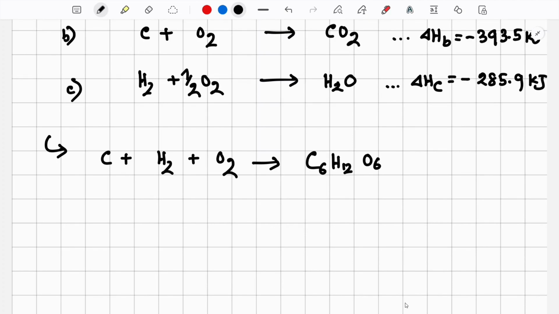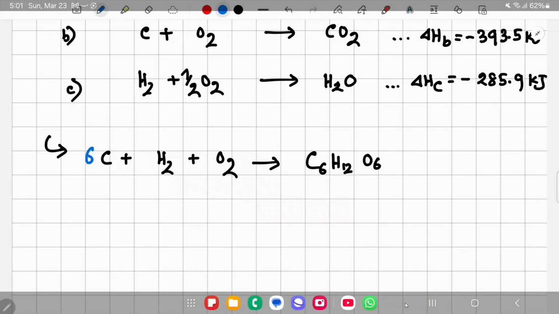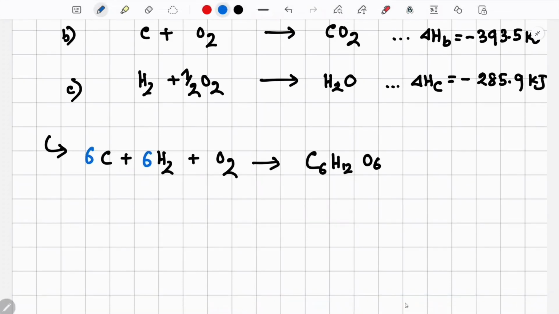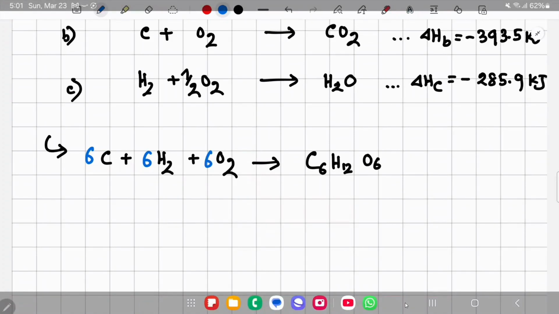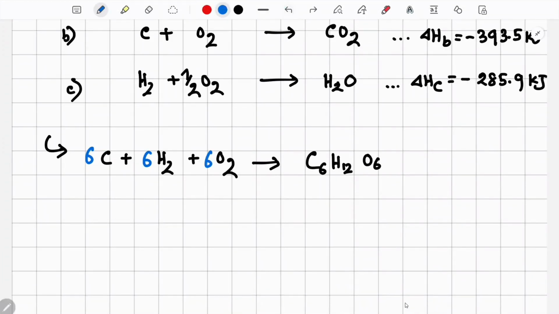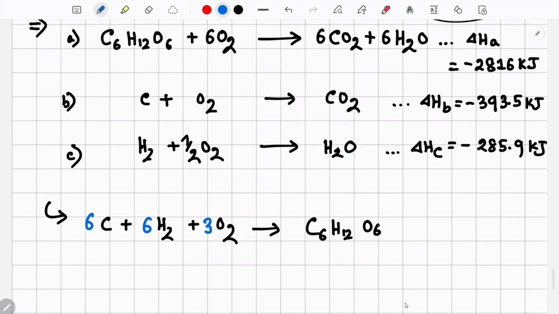You don't have to write the reaction from that. You have to make it from the elements, carbon, hydrogen, and oxygen. These are the raw elements. Then you can balance it. So it will be 6C plus 6H2 plus 3O2. Now how can you form this?